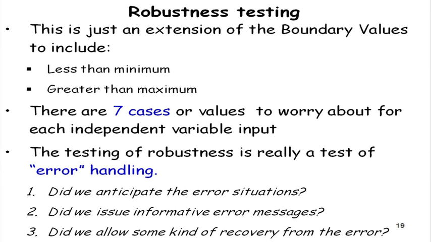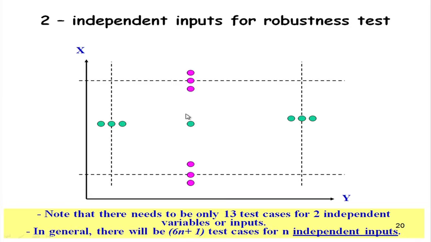Did he expect that such values can be given? Did he issue an informative message that the value is not valid and please enter a valid value, and does it have some recovery, or does the user have to repeat all the actions? So, just the last value is ignored, or he would have to start fresh. So, for robustness testing, that is when we consider the negative test cases also, we need say 6n plus 1.